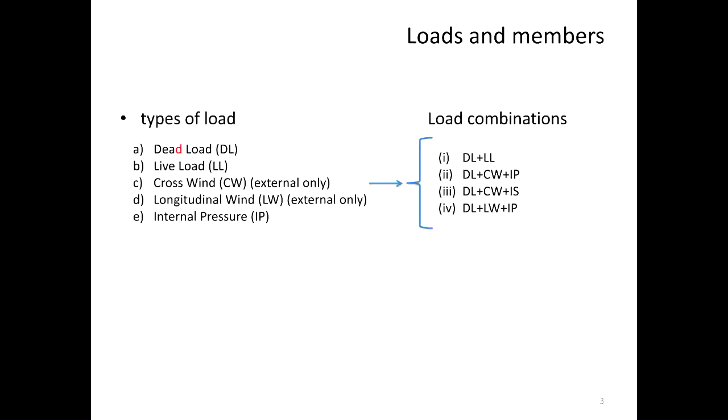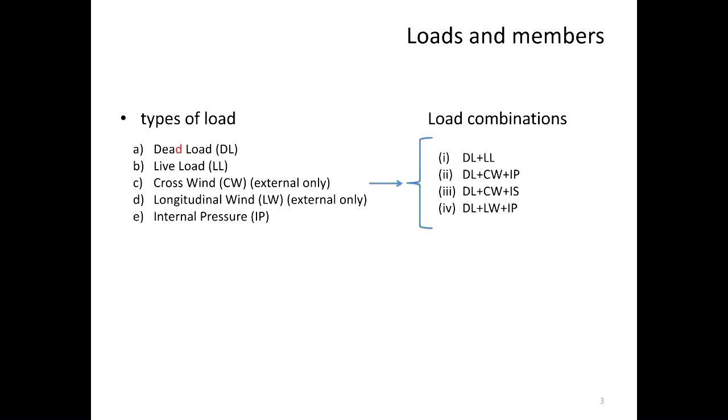That's internal pressure. I spoke about suction. So you have windward wind, which is the wind that blows against the structure, and then it goes on the other side. It's called leeward wind. That is something you should have learned in materials and structures. I'm not going to go over that. So what I'm considering today is what we refer to as crosswind and longitudinal wind, which is different from what you've learned before. Okay?